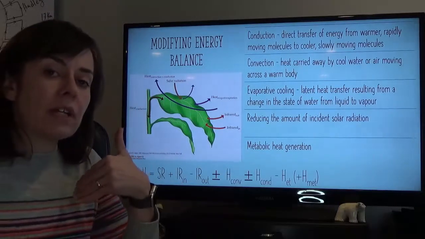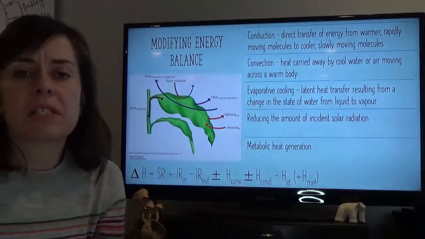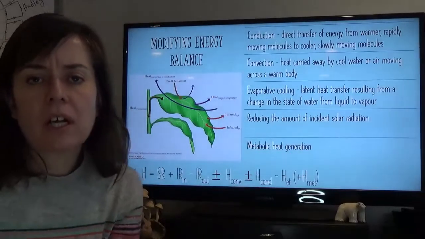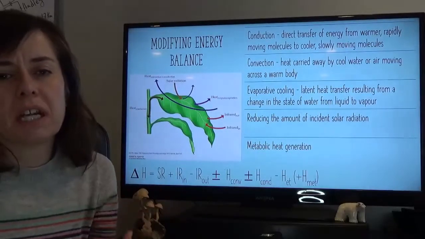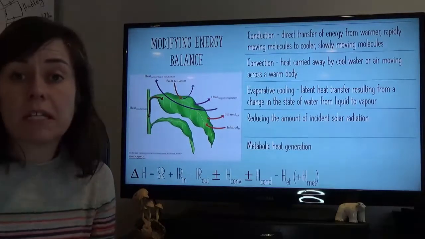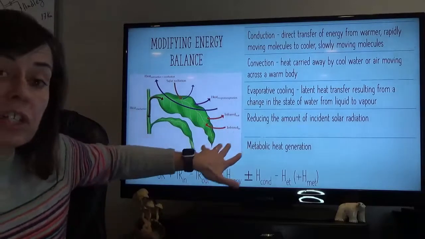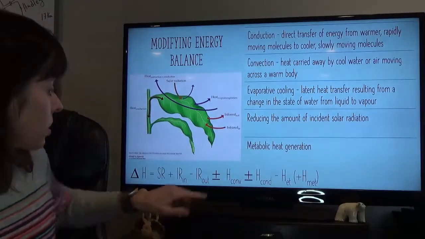Infrared is long wave radiation, so it's heat being emitted from some other source. Think about standing on the pavement in the summer, and you can feel the heat being radiated from that black surface. Our bodies emit heat all the time as well. So you've got long wave radiation coming in, long wave radiation going out.